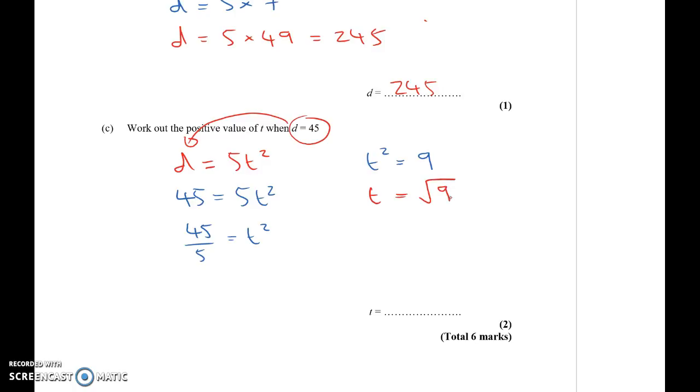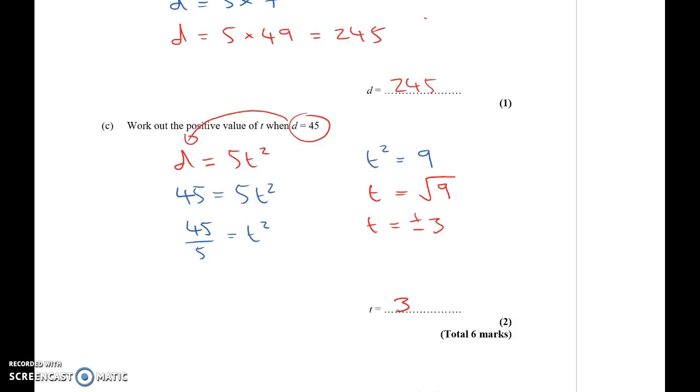The square root of 9 could have been positive 3 or negative 3. It's specifying the positive value of t, so we want positive 3. So t is 3, for 2 marks. This time it was 2 marks, probably because the rearranging was a little bit harder, as you had to find a square root. But not much more difficult than the first example.